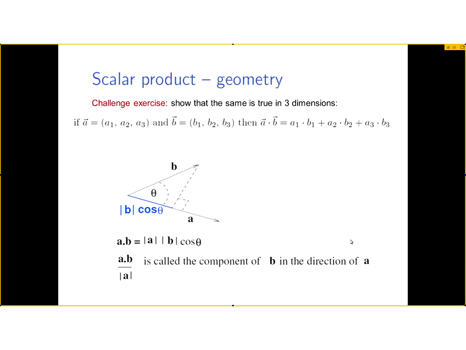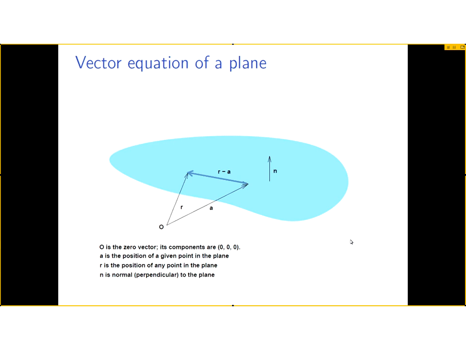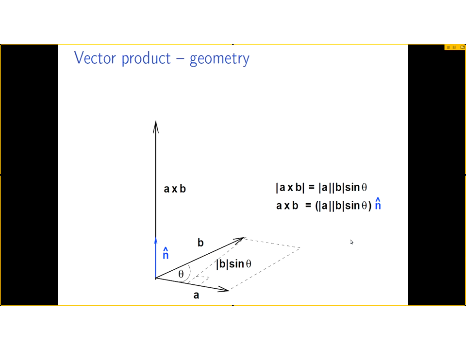So we understand the scalar product geometry. Now, vector equation in a plane. 0 is the 0 vector, its components are 0, 0. Now vector product. First I discussed the dot product.